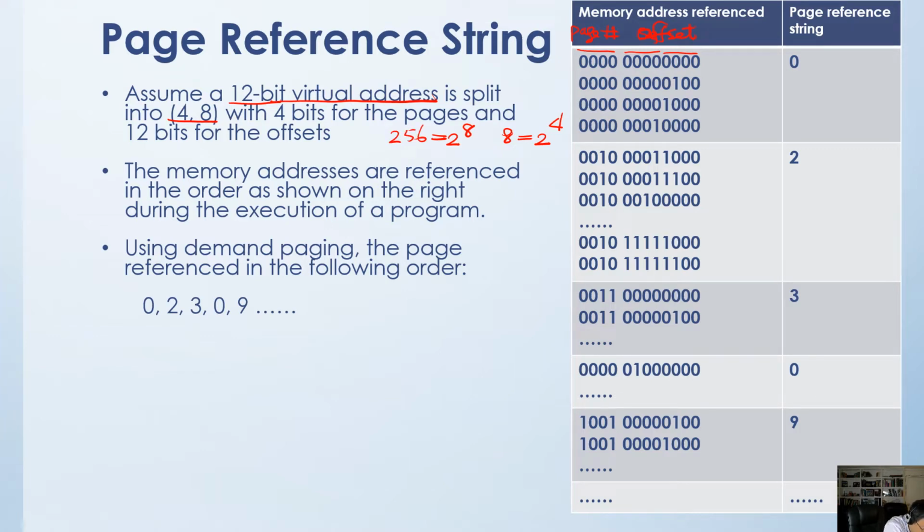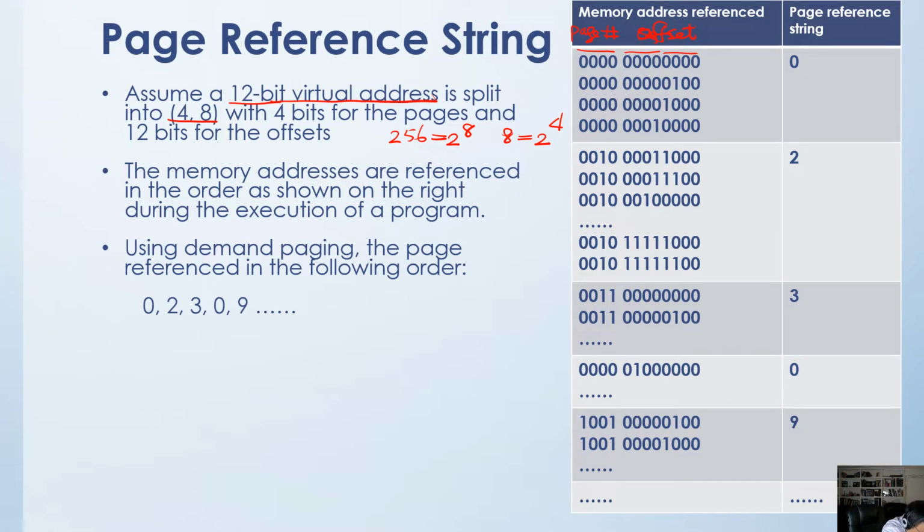So that means with this paging, the virtual memory address contains 8 pages, and each page contains 256 logical addresses, right? So that means the page size is big. It contains 256 addresses.